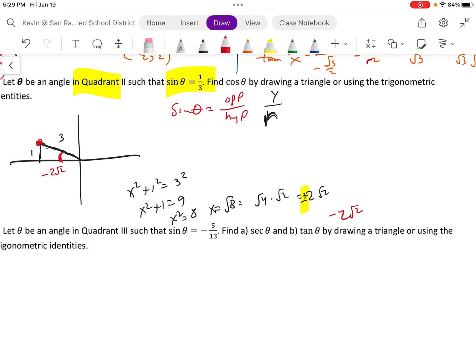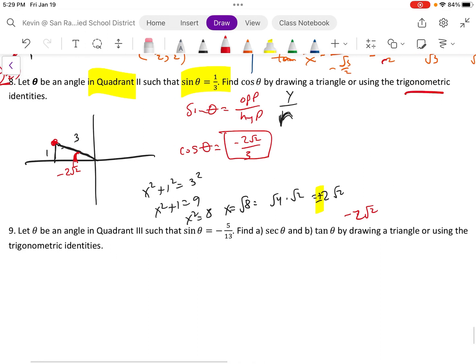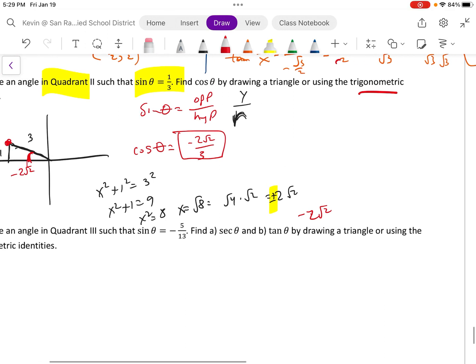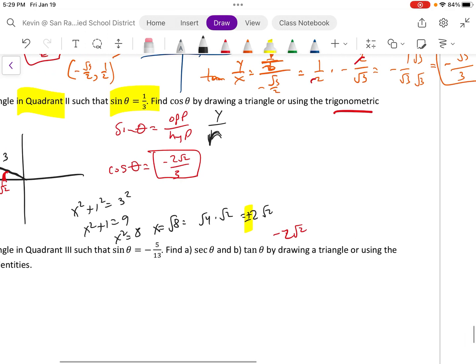This being the angle, by the way, from terminal side to x, so that reference angle. So cosine theta equals negative 2 root 2 over 3. It also mentions using the trigonometric identities. In this case, we'll look at that very quickly.